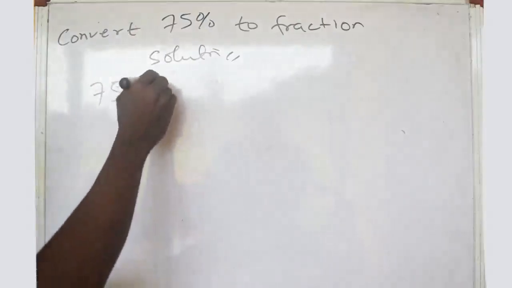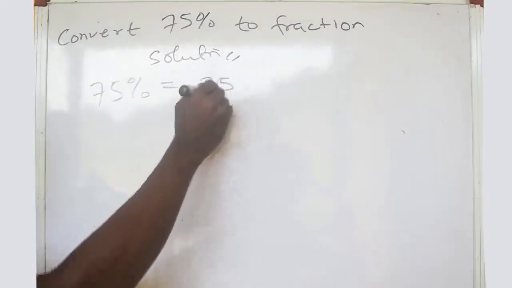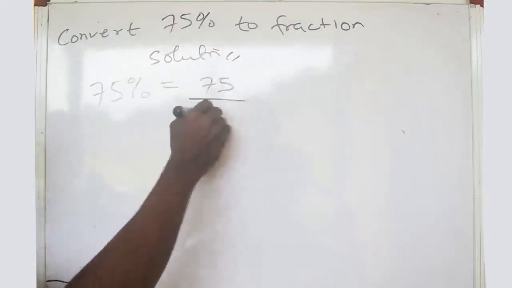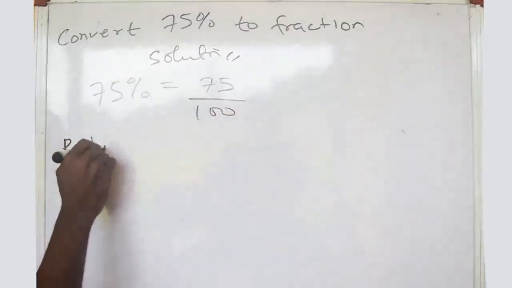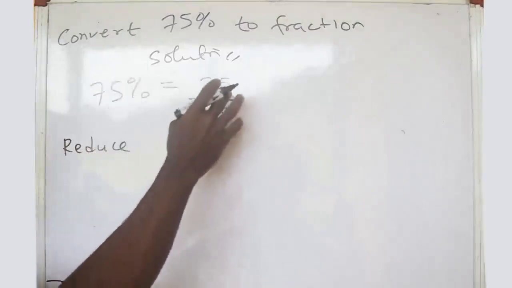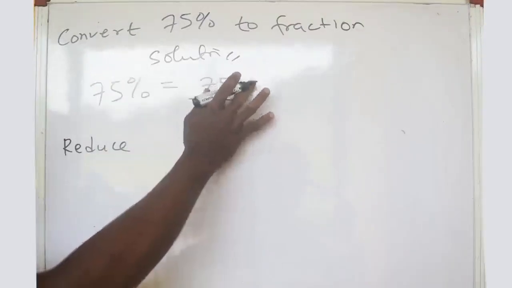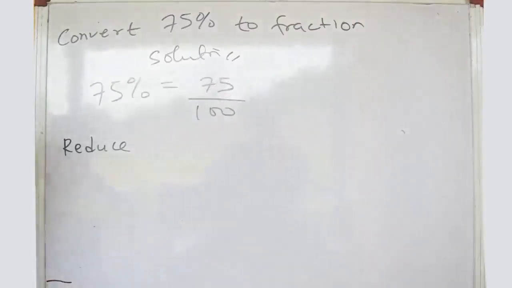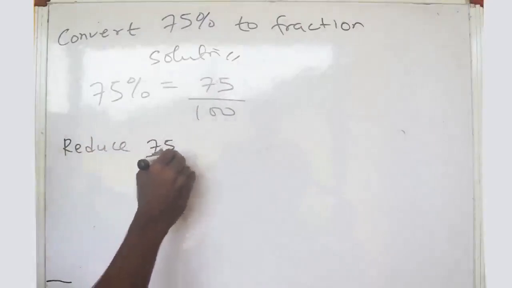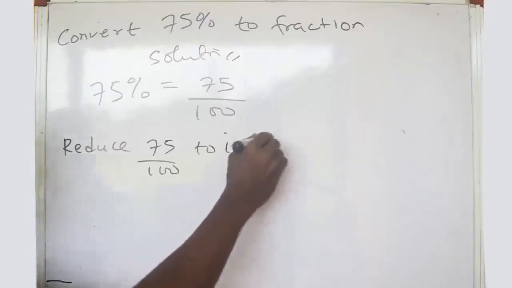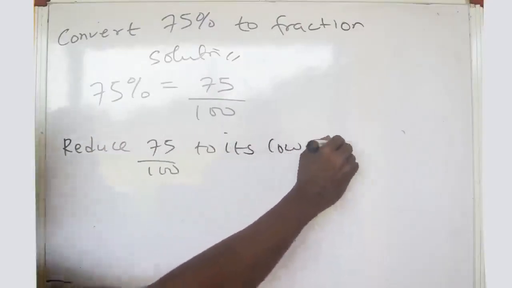This 75% means the first thing, write down the number, which is 75. Percentage means all over 100. Okay, the next is you say reduce. We are writing this reduce because we know a number can divide 75 and still divide what? Still divide 100. You say reduce 75 all over 100 to its lowest term.